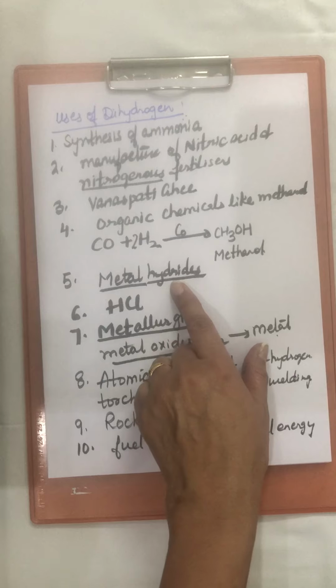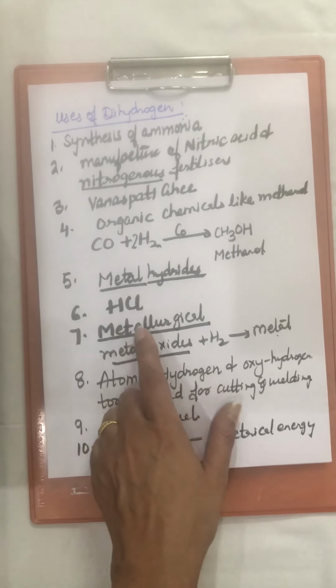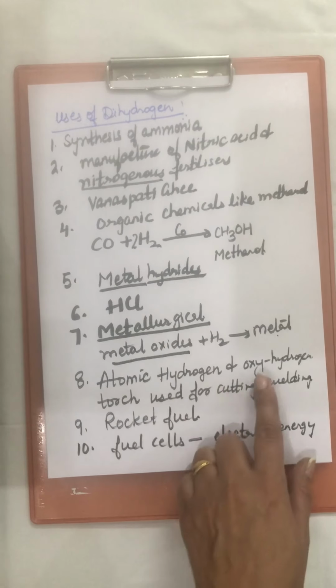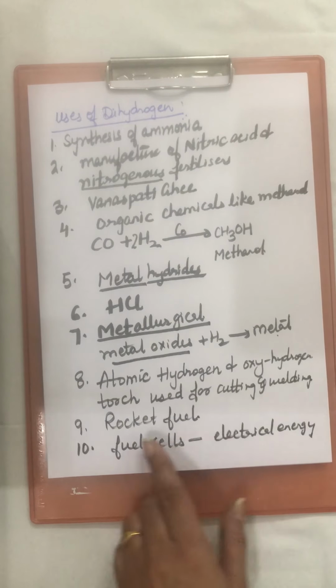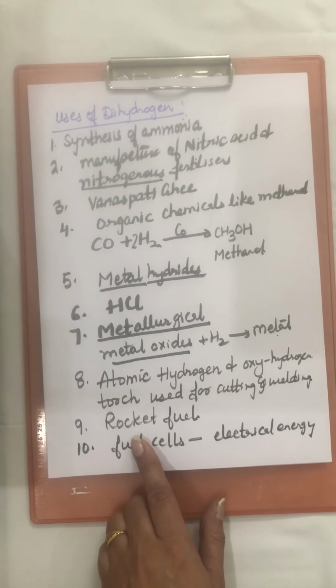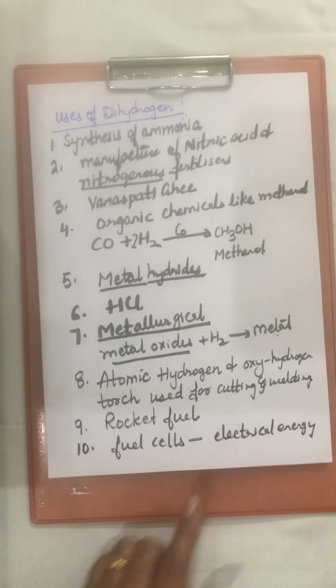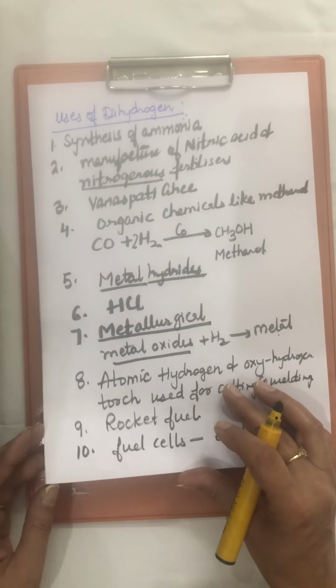Metal hydrides are made from hydrogen. Hydrochloric acid is made from this. In metallurgical processes, hydrogen is used. In oxy-hydrogen torch, it is used for cutting and welding. As rocket fuel it is used, and in fuel cells for generation of electrical energy, dihydrogen is used.